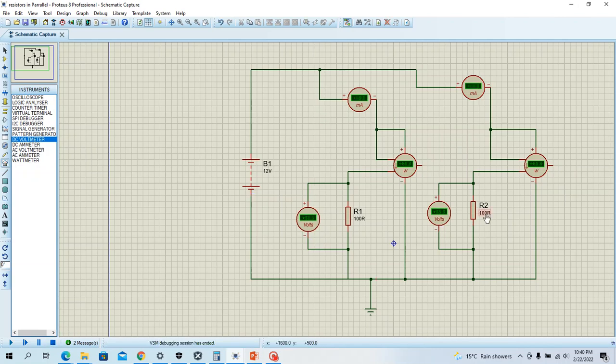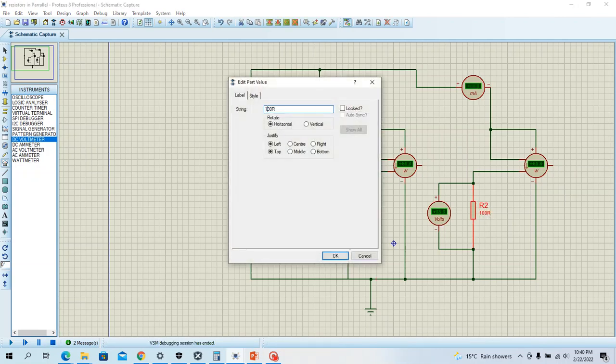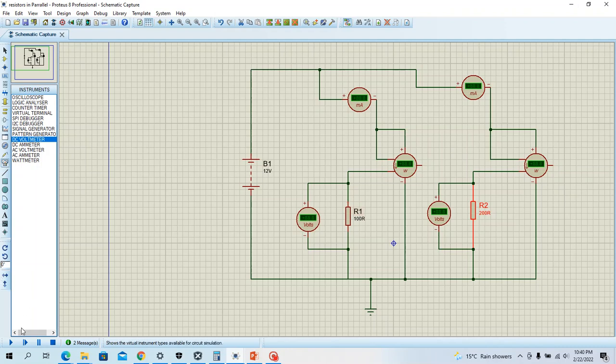If we change R2 to 200 ohm and simulate this, this is 1.44 watt and this is 720 milliwatt, and 120 milliampere current is flowing in this resistor and 60 milliampere current is flowing in this resistor.